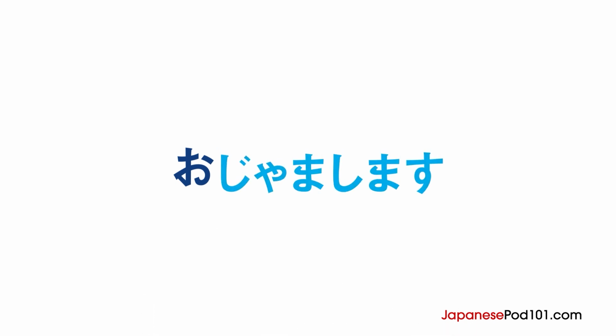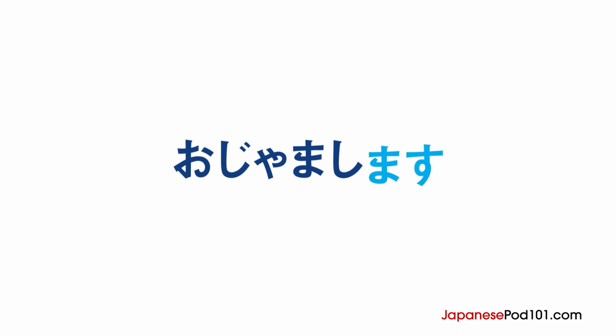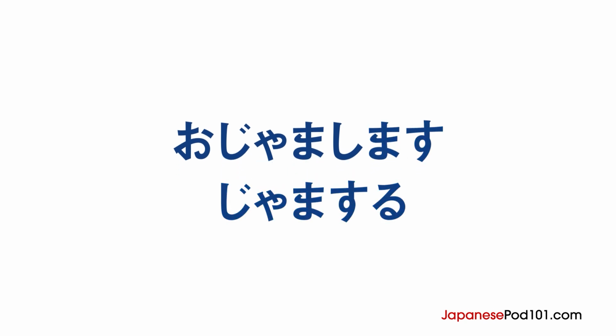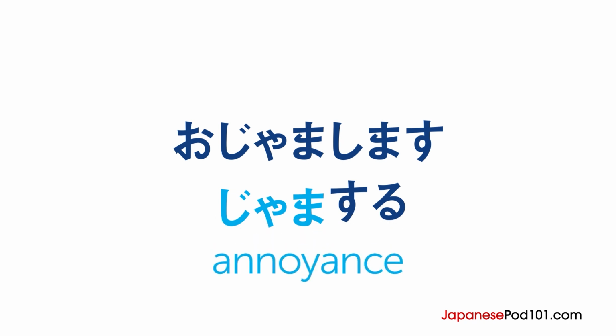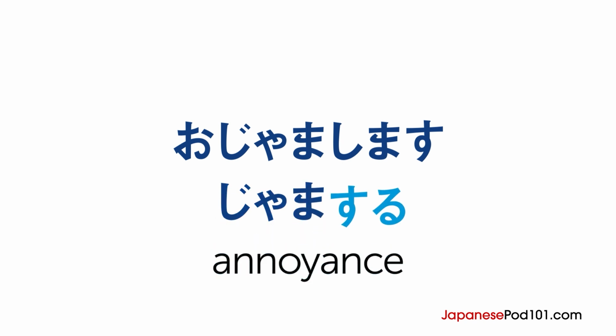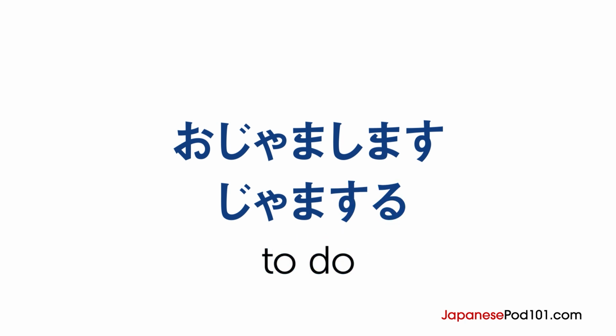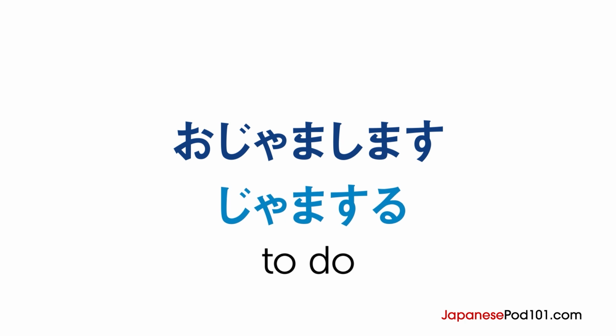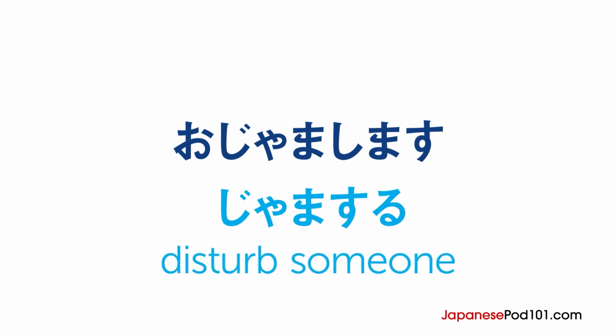邪魔します is the masu form of 邪魔する, which is made of a noun, 邪魔, meaning annoyance, and a verb, する, meaning to do. Altogether, it makes a phrasal verb, 邪魔する, meaning to bother someone or disturb someone.